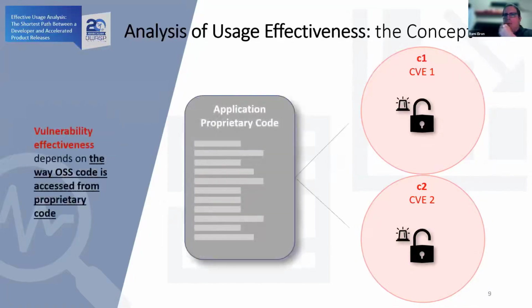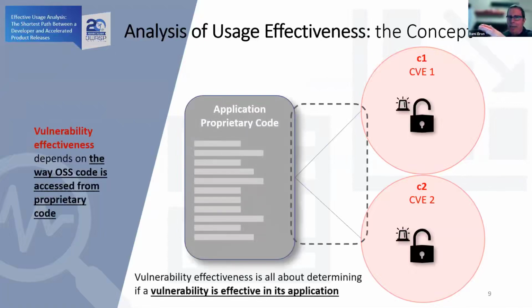Vulnerability effectiveness is really about the way open source code is accessing or being accessed by proprietary code. And in fact, the real reason here is that you can ask not only how it is being accessed, but whether it's accessed in a manner that could turn the vulnerable code into something that is exploitable. So it's not just about accessing it.